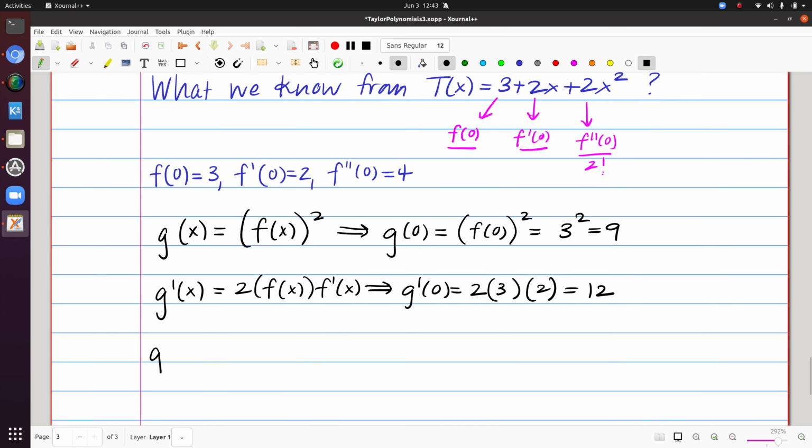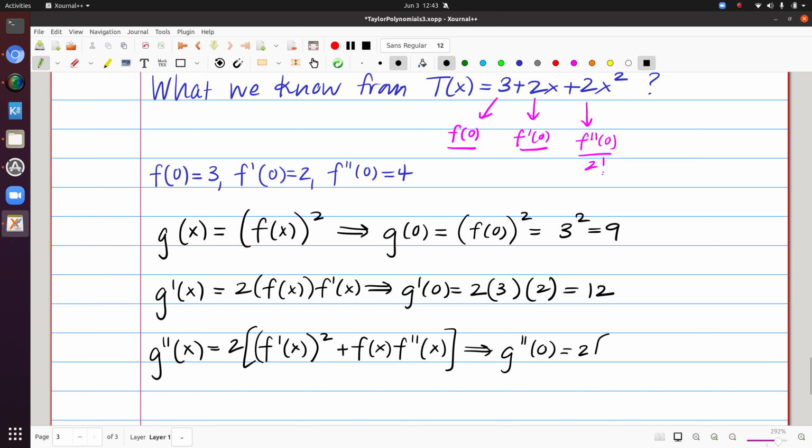And then finally, the second derivative of g, I can use the product rule. Derivative of f is f prime, and we're multiplying it by f prime of x, so we end up squaring that, plus f times the derivative of f prime, which is f double prime. And so when we evaluate this at 0, we're going to get 2 times 2 squared plus 3 times 4.